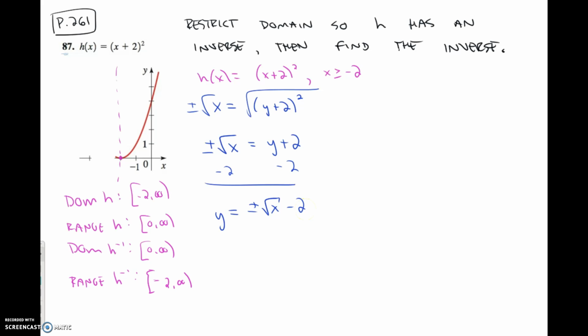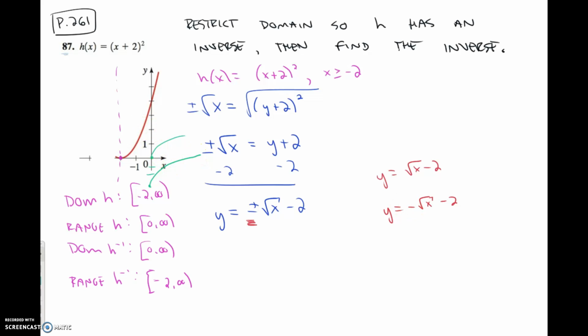So on this one, we need to figure out whether to keep the plus or the minus. If you graph y equals the square root of x minus 2 versus if you graph negative square root of x minus 2, this function is the square root function shifted 2 units down, which would be this, which does look like a reflection of this one.